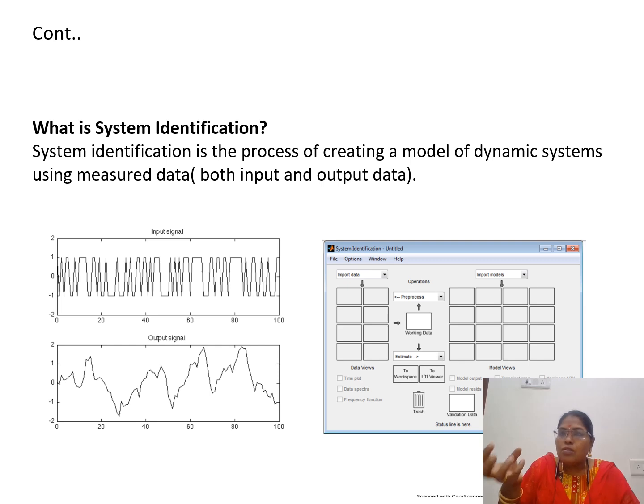Using those input and output data, you import them into the system identification toolbox. After importing, select the model. We have various models like the ARMA model, the ARX model, and the moving average model. Those models you can apply. We'll see all those things in the coming videos. After applying all these, you will get one model. That we call system identification.